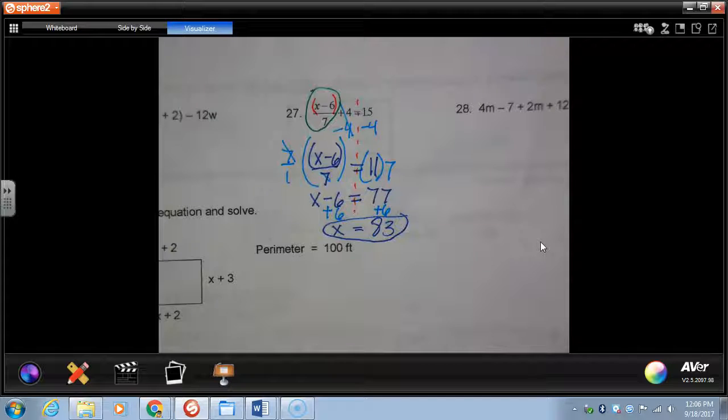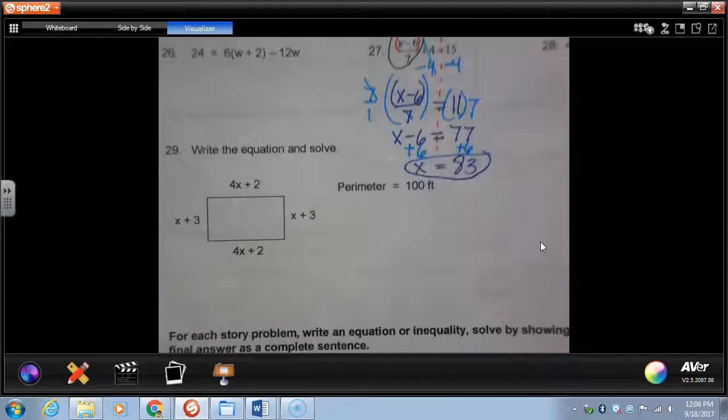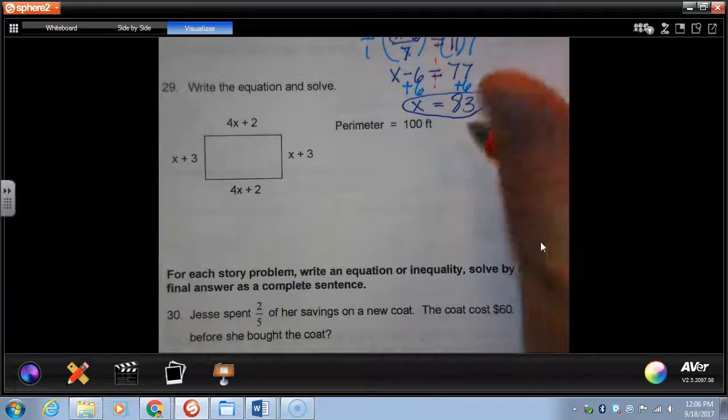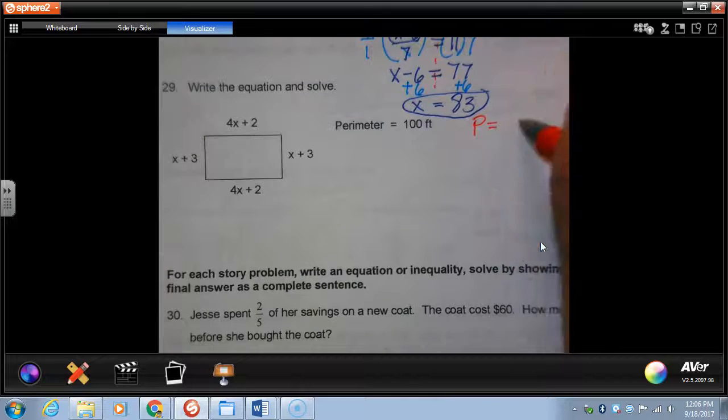Now 29, we didn't do any perimeters, but it's not that hard. How do I find the perimeter of any polygon? That's right, add up all the sides.